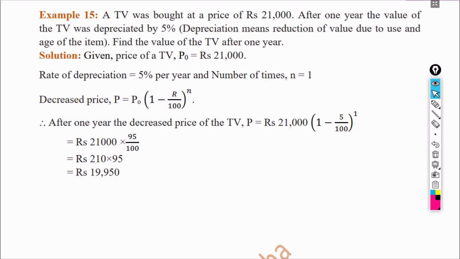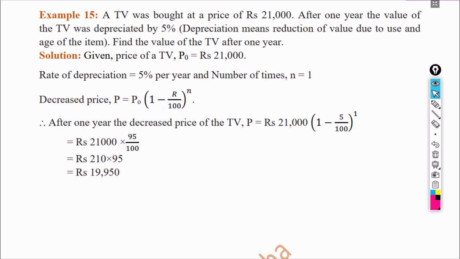Then you have to find the price of the TV after 1 year. The price of the TV P naught is rupees 21,000, the rate of depreciation is 5% per annum, and the number of times n equal to 1. Here there is depreciation, that means a decrease, a reduction. That's why we put the minus sign here.